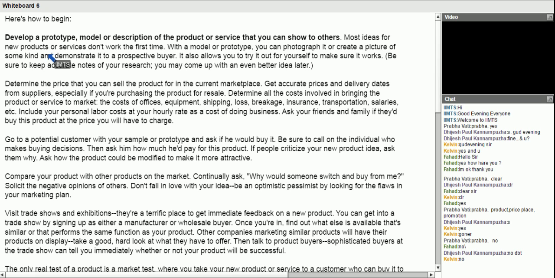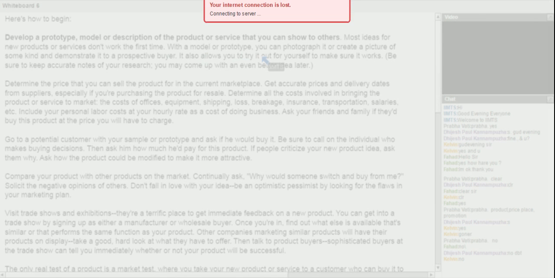Develop a prototype. Prototype means a sample, model or description of the product or services that you can show to others. Most ideas for new products or services don't work the first time. Right now there are many products or services which do not work the first time.